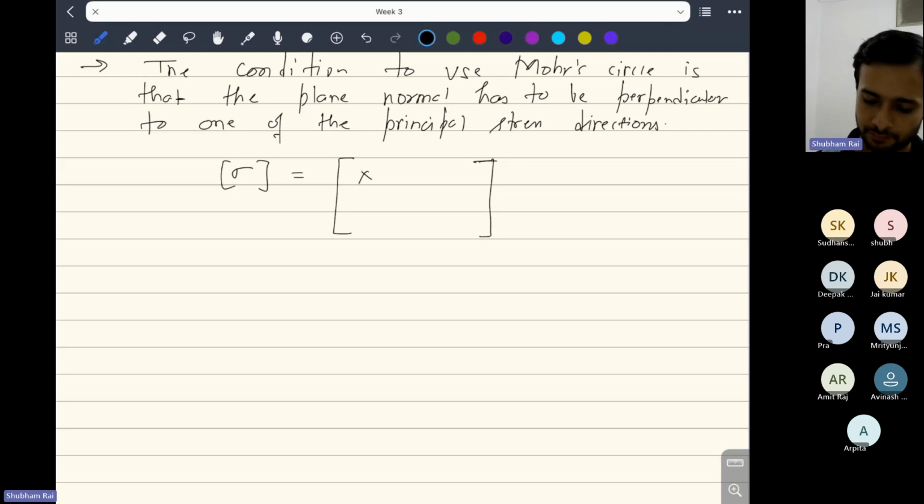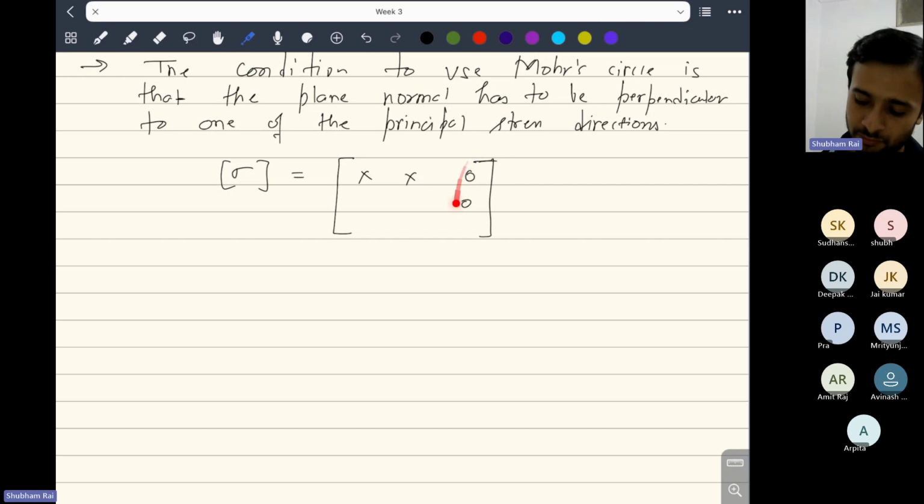Then these components will be zero, because you know the third column represents a traction vector on a plane having normal vector E3. Since you are taking a plane perpendicular to the third principal direction, your third direction here is the principal direction, so the shear components will be zero.